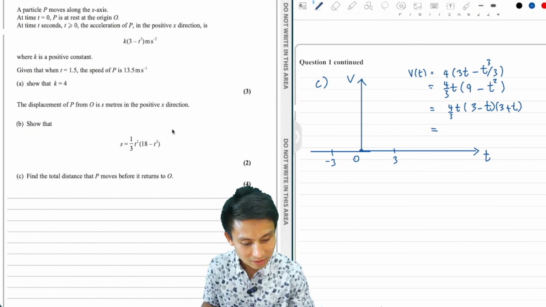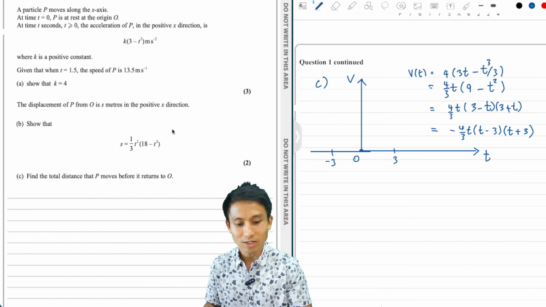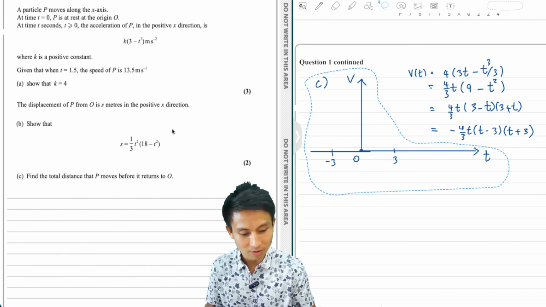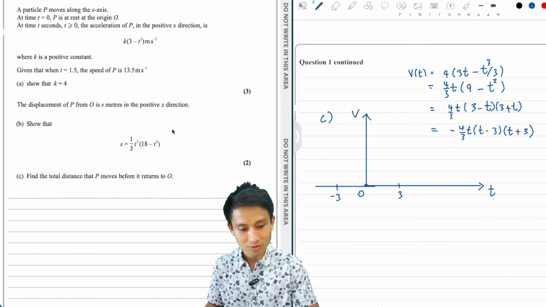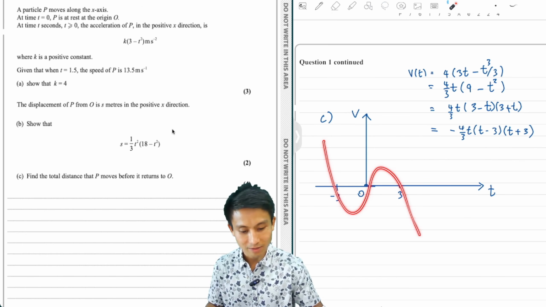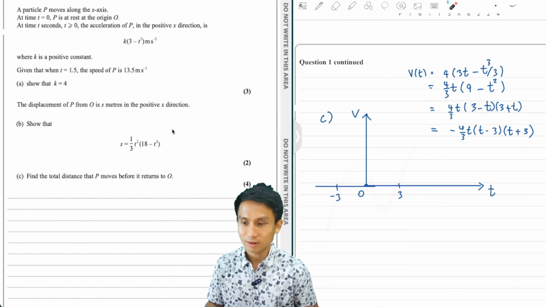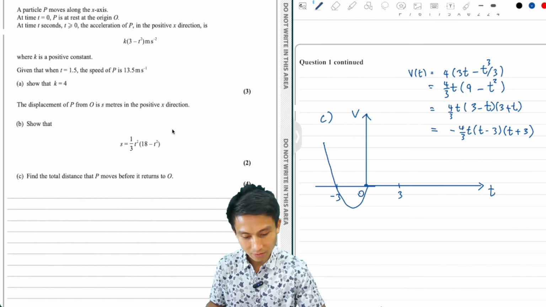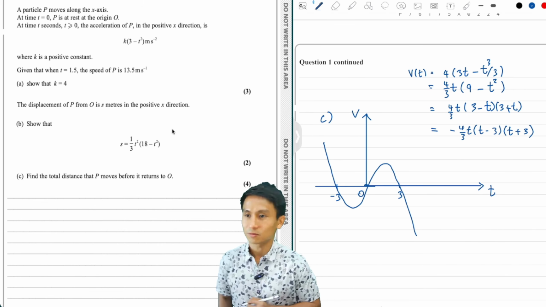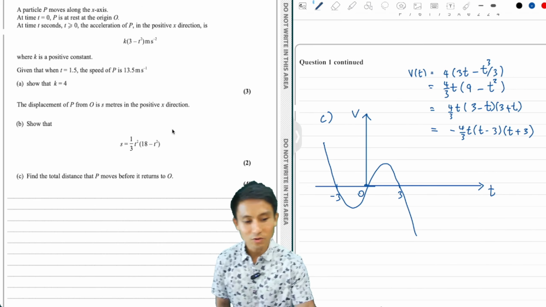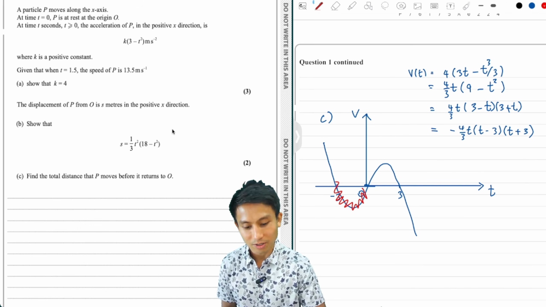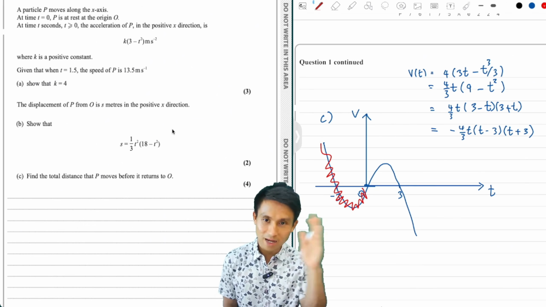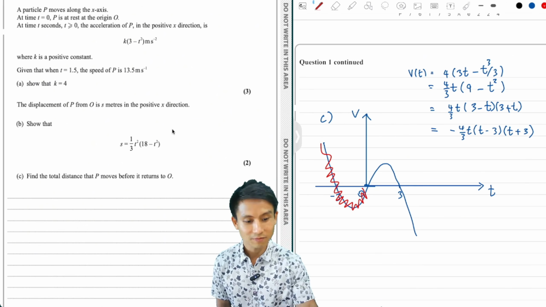We need to get to the form t plus or minus something before we plot. So the plot will look something like this, cutting all of the critical points, roughly. Now we can ignore the left part here because this is time, and time is always a positive value.